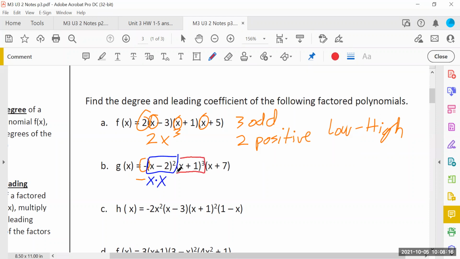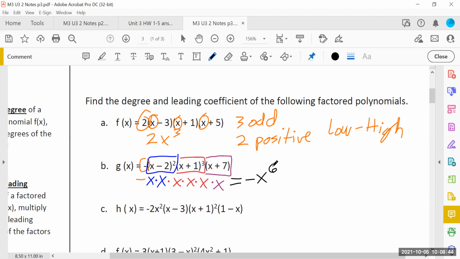So there's 3 of those. 1, 2, 3. Again, taking the highest degree from each one. And then the last one, there's just 1. So right here, 1 more x. If I multiply that all together, I get 1, 2, 3, 4, 5, 6, negative x to the 6th.